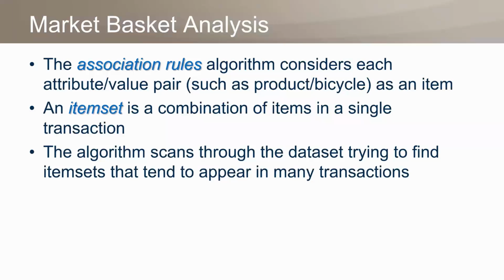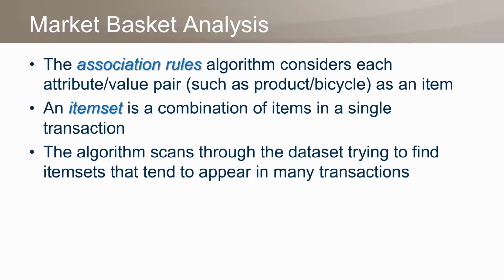Now, first, we need to do a brief introduction, what I'm going to talk about, what kind of measures I will introduce. So association rules is the algorithm for market basket analysis. So we are searching for item sets, combinations of items that appear together in a single transaction over multiple transactions.